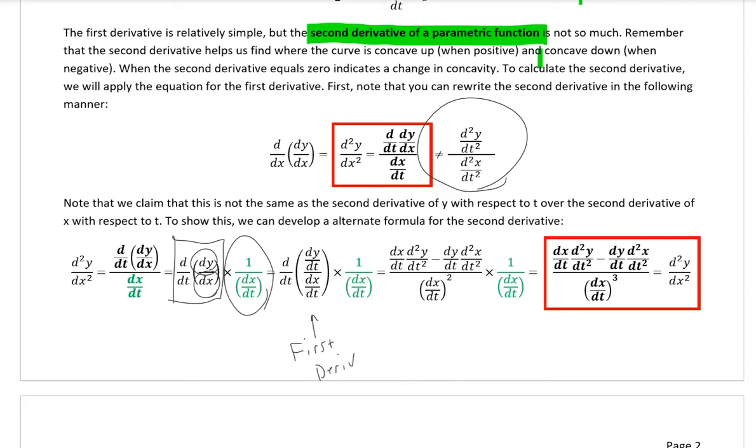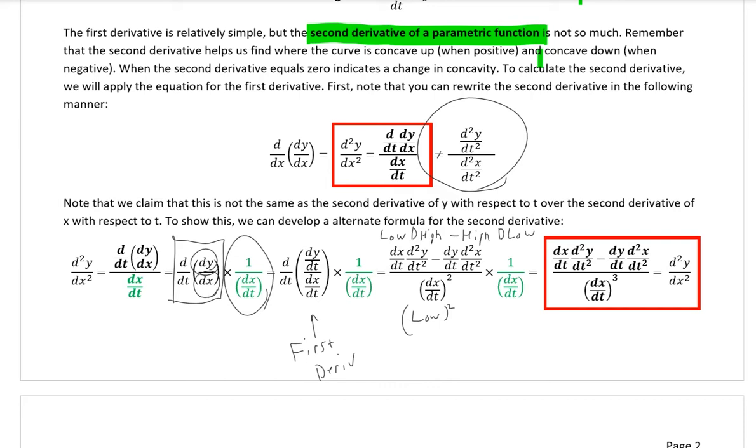But then if I take the derivative of that with respect to t, that means I need to do the quotient rule, because I have one on top, one on bottom. The quotient rule, otherwise known as low d high minus high d low over low squared.